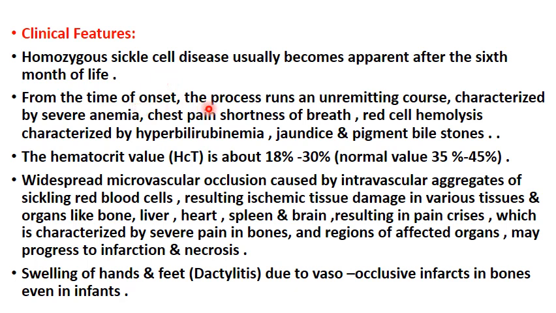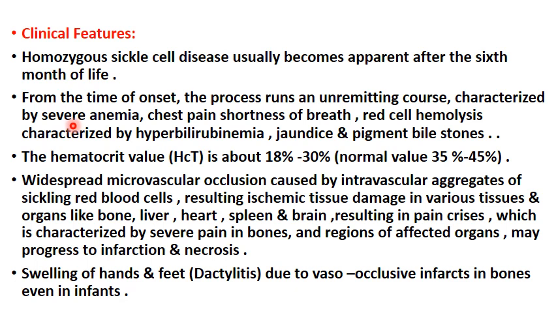From the onset, the process runs an unremitting course because it is homozygous. The majority of the hemoglobin in the blood is hemoglobin S. So the patient runs an unremitting course.